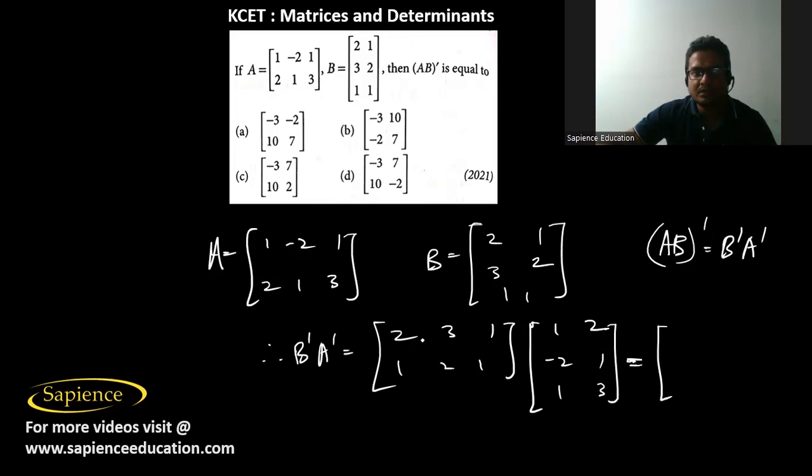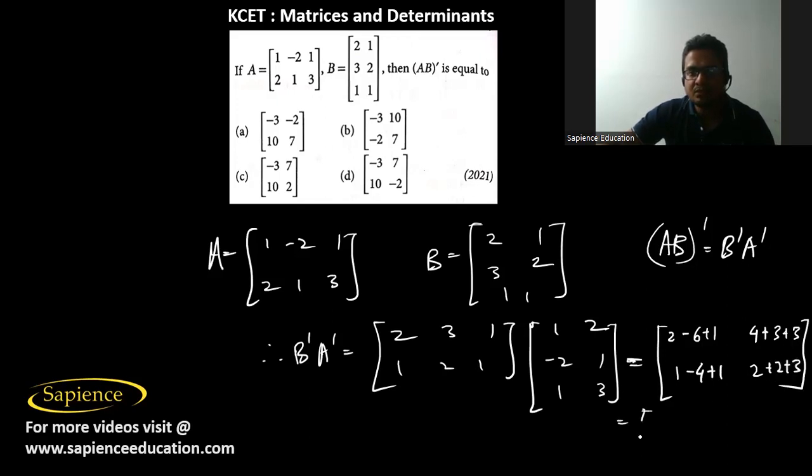So this will be this into this, so this is 2 minus 6 plus 1, then first row into second column, so this is 2 times 4 plus 3 plus 3. Then second row into first column, so that is 1 minus 4 plus 1, and second row into second column, that is 2 plus 2 plus 3.